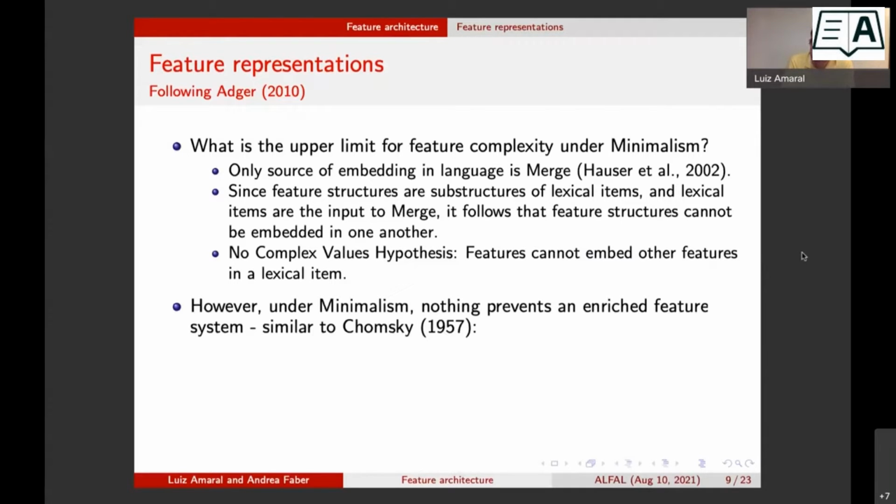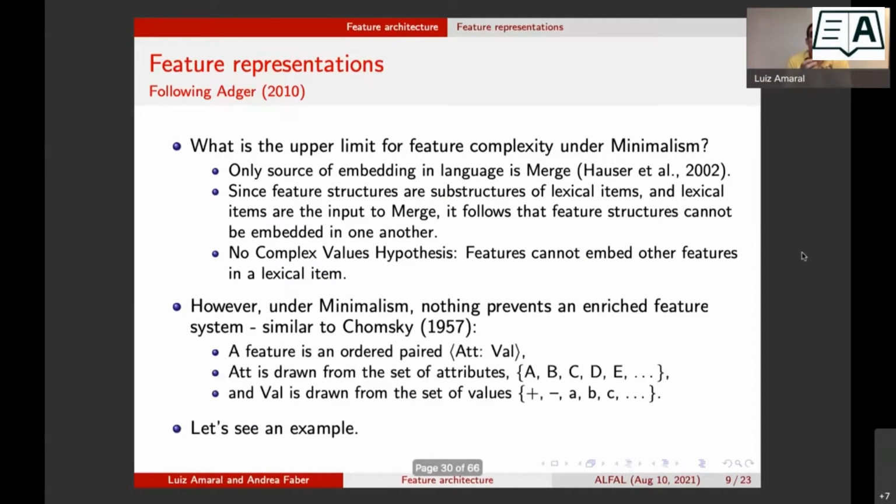However, under minimalism, nothing prevents an enriched feature system, and Azure points that out, which is very interesting, that Chomsky in 57 had already pointed to this enriched feature system, right? The enriched feature system that Azure proposes to use in his analysis is a feature as an ordered pair, attribute value, where the attribute is drawn from a set of attributes, and the value is drawn from a set of values.